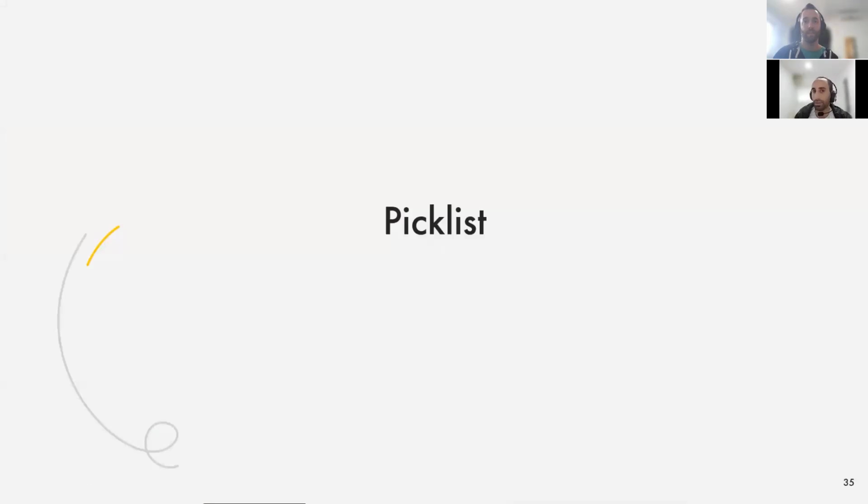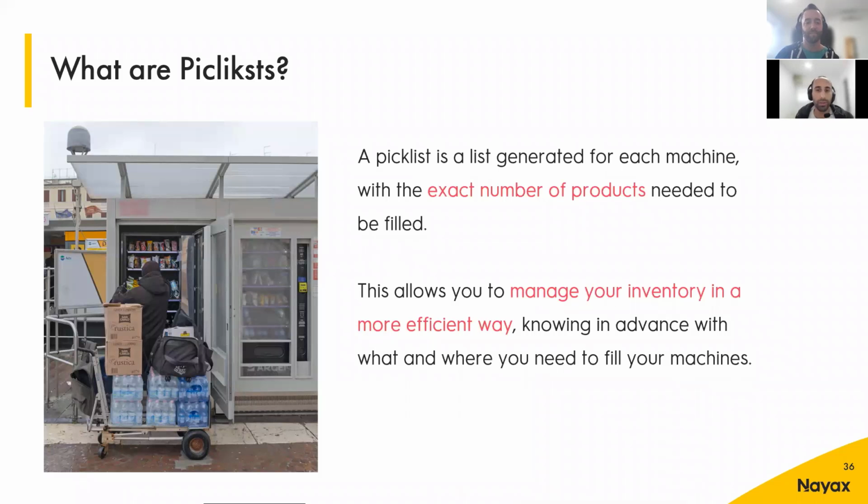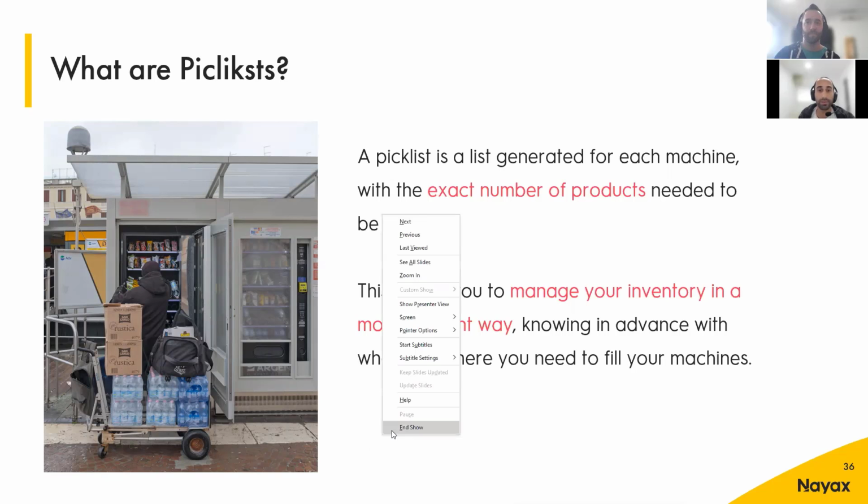Yeah, so our next topic is going to be pick list. As everyone mentioned before, a pick list can help us control our inventory in a much better way, and also to get the notification that we talked about when the machine is about to run out. So let's see how we can create a pick list.